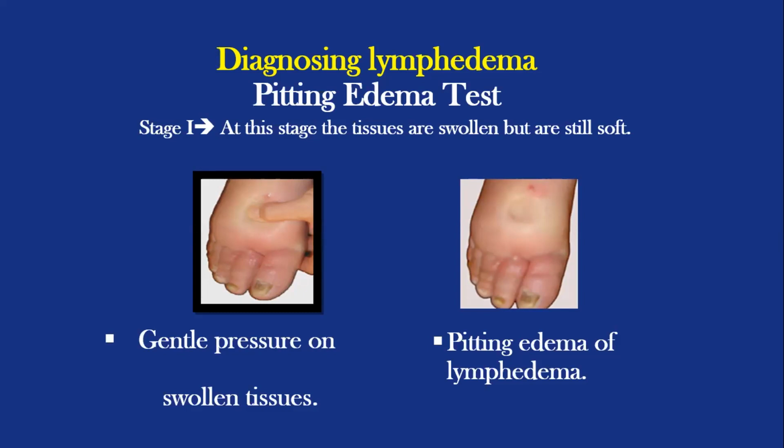That is stage 1 lymphedema. When you see stage 1 lymphedema, you can treat it well, and educate the patient and the caregiver on how to prevent and control lymphedema. You can teach the patient and the relatives.